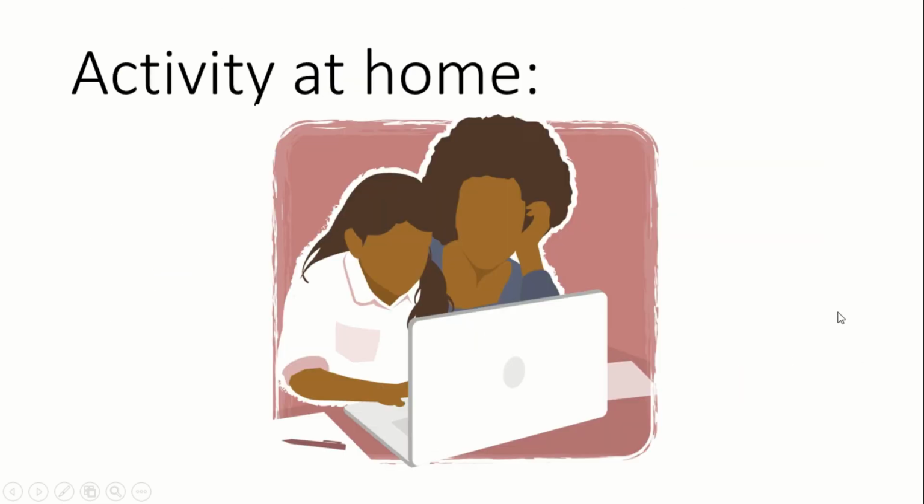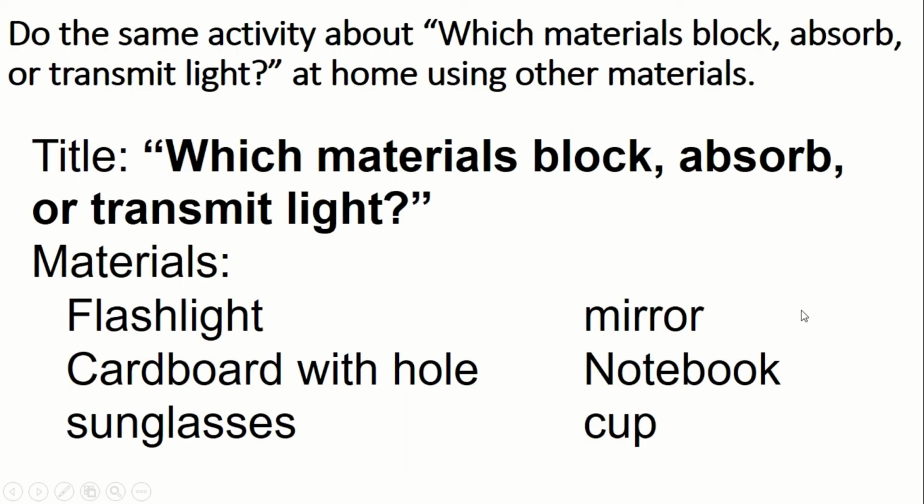Correct. Okay, so for your activity at home, you will do this experimentation. So you have seen me, observed me do the experimentation on which materials block, absorb, or transmit light.